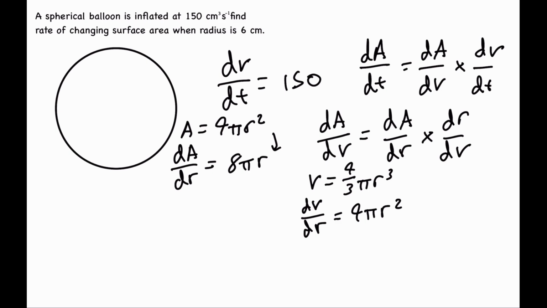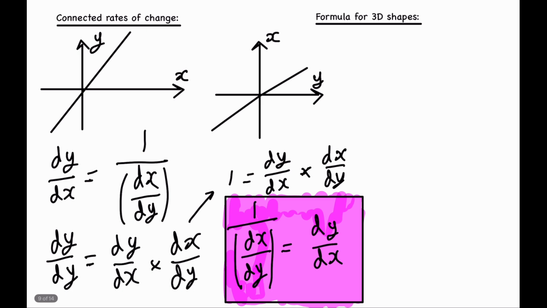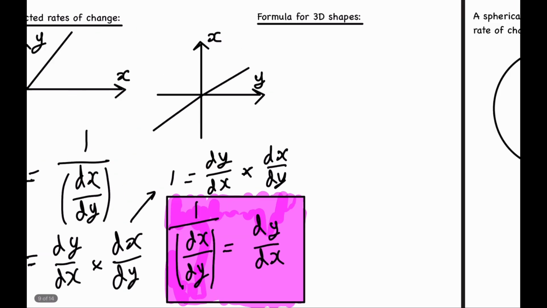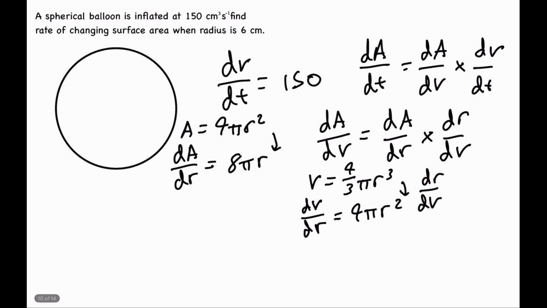So now to find dr over dV, we can just use the 1 over formula from before. dr over dV is just going to be 1 over dV over dr, so we can express this as 1 over 4 pi r squared.